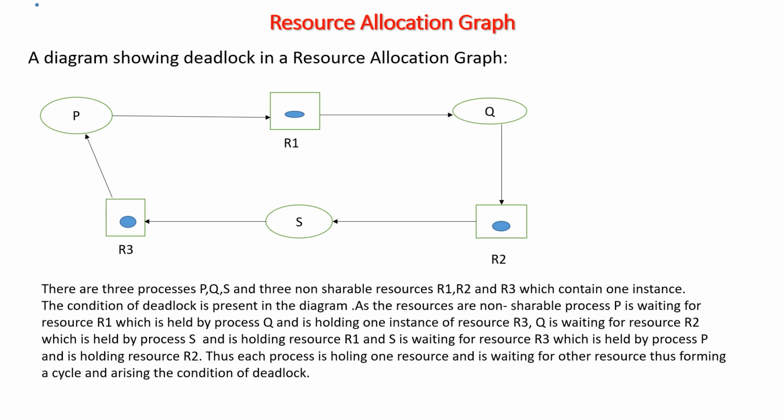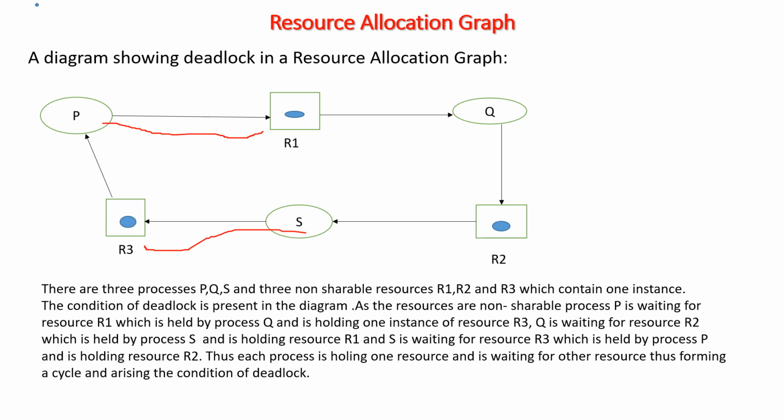An arrow from a process to a resource indicates that process P is requesting resource R1, but this resource R1 is held by process Q. Process P is also holding resource R3. Process Q is requesting resource R2, but R2 is held by process S, and S is requesting resource R3, but R3 is held by process P.